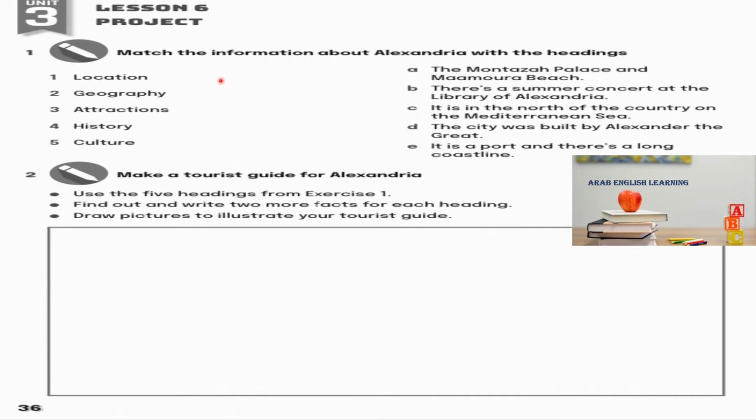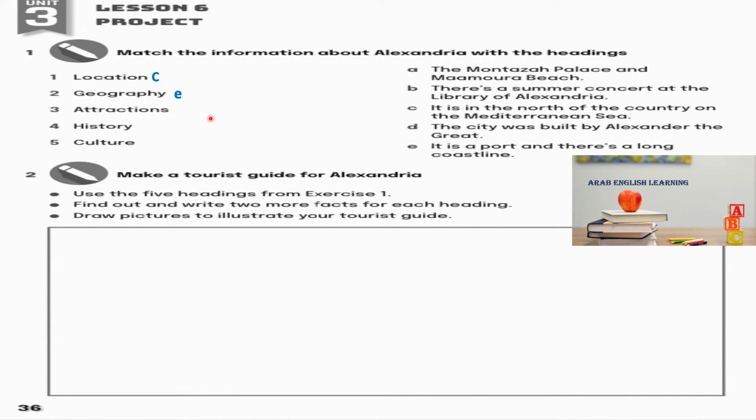1. Match the information about Alexandria with the headings. So we are going to talk about Alexandria, and this is a tourist guide about it. First, what is the location of Alexandria? C. It is in the north of the country on the Mediterranean Sea. 2. Geography. E. It is a port and there is a long coastline. 3. Attractions.